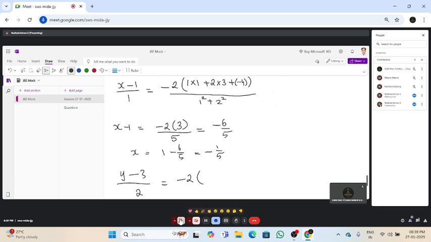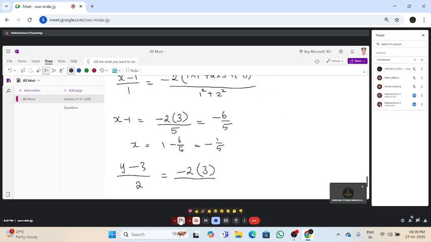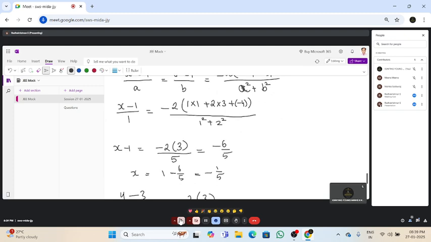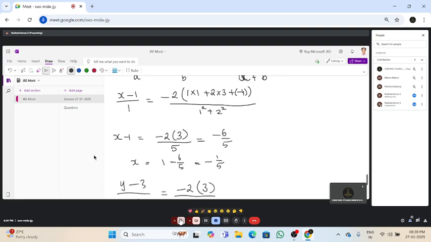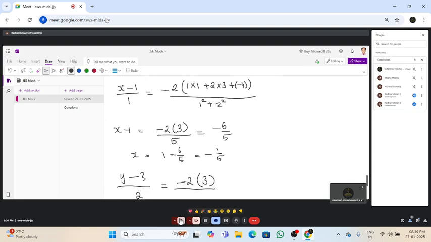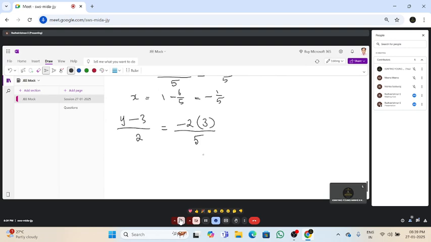So whatever you get, minus 2 into 1 plus 1 into 1 plus 2 into 3 minus 4, that is 3, we can just put it here. 3 divided by a square plus b square, that will also be the same, 5.